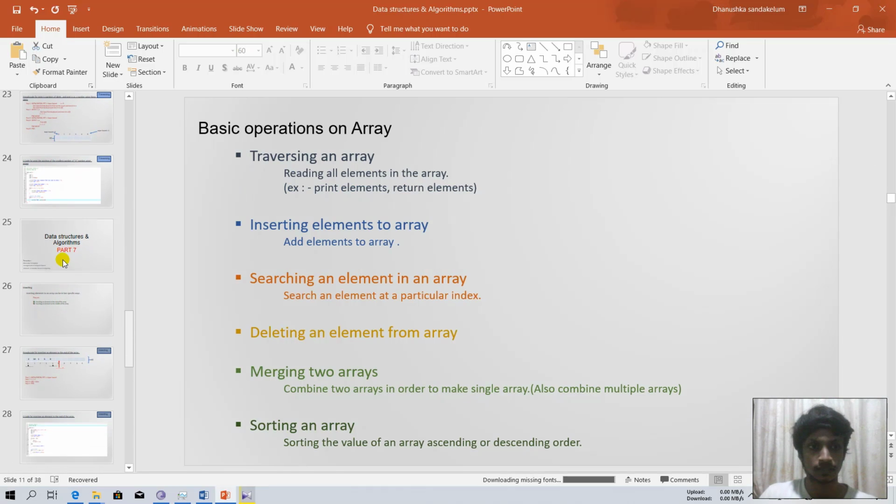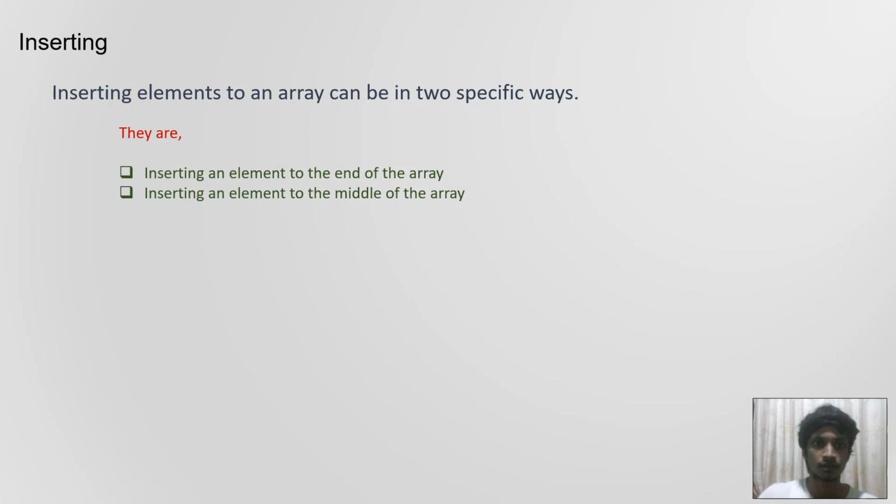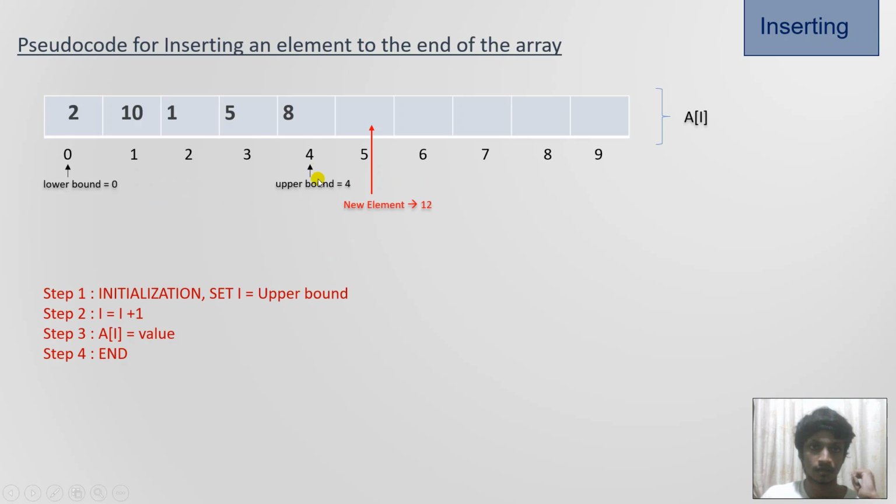In that part, we have to discuss inserting an element at the end of the array and inserting an element in the middle of the array. First, let's see how we insert a particular value at the end of the array.